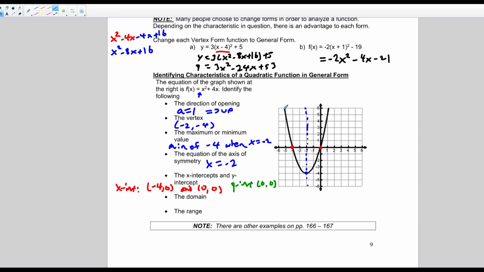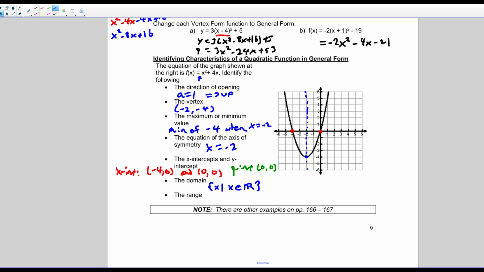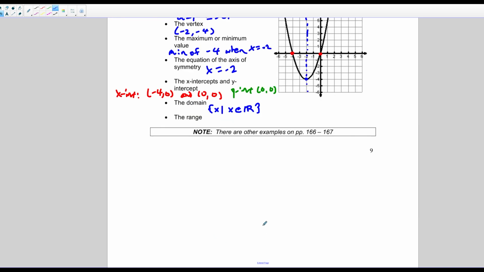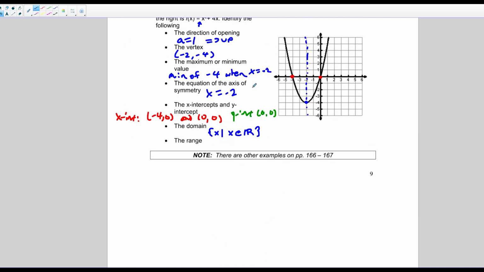For your domain and range, we can see that this parabola would continue indefinitely towards the left and the right. So we've got the set of x such that x is an element of the real numbers. And with the range, we have a minimum value. Just to give a bit more context on how we'd set up range, because I noticed that a lot of students struggle with domain and range, the setup for your typical range might look something like this.